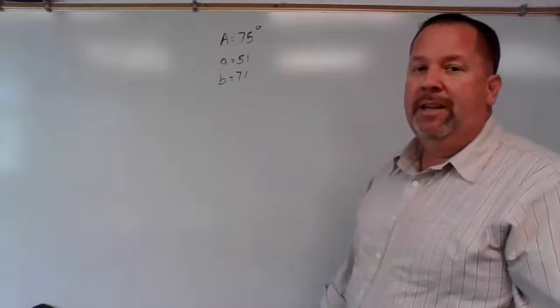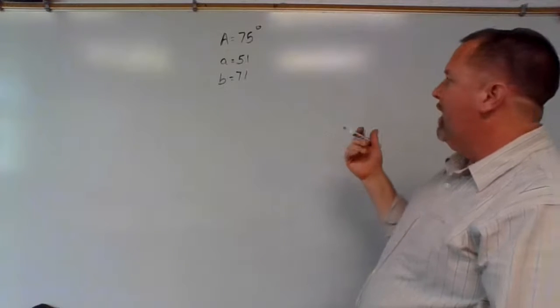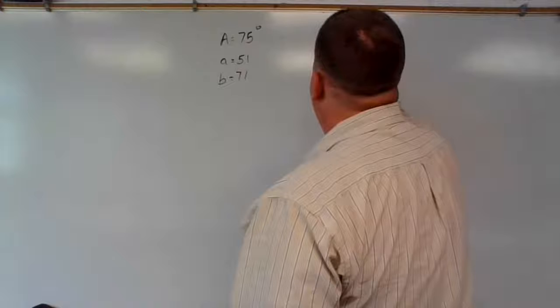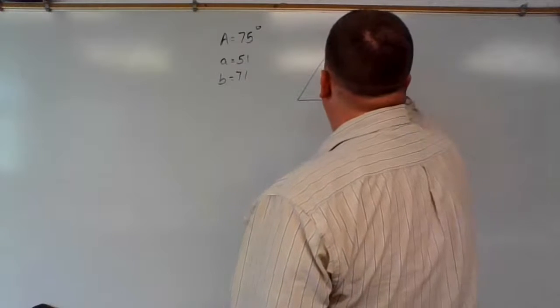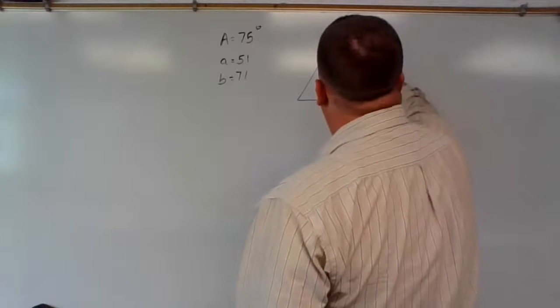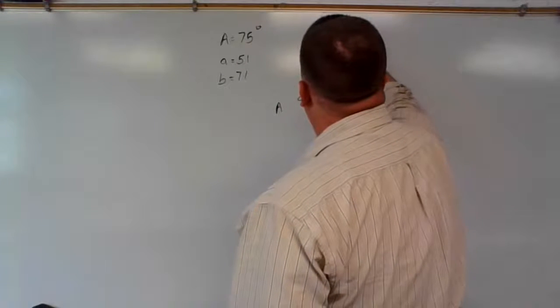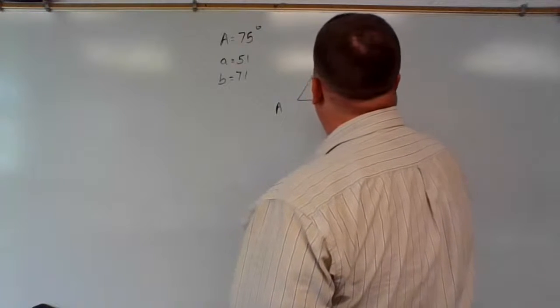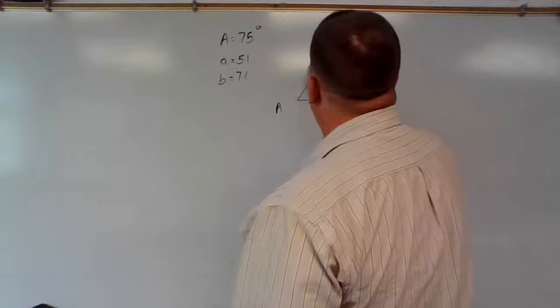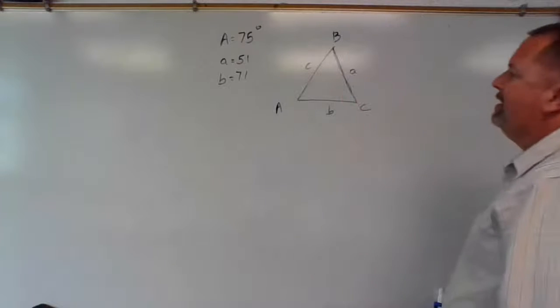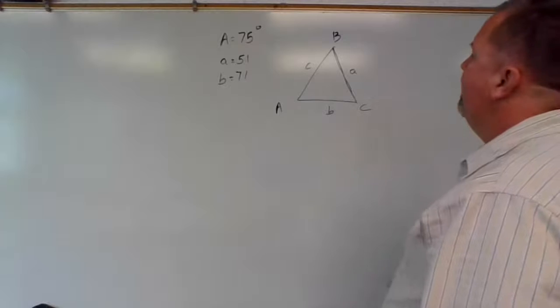Again, since I have missing pieces, I'm just going to draw any old triangle so I can visually see how some of this might work. I'm going to call this triangle ABC, and I label the sides opposite. And so this is what I know.